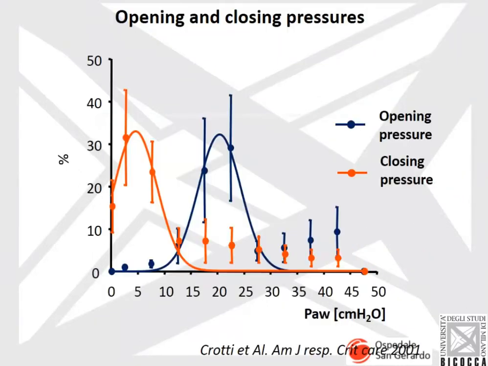We have decided to follow one principle, which is the fact that alveoli can be opened by high airway pressure, but then stay open as far as PEEP is adequately set. So the closing pressure of the alveoli is much lower than the opening pressure.